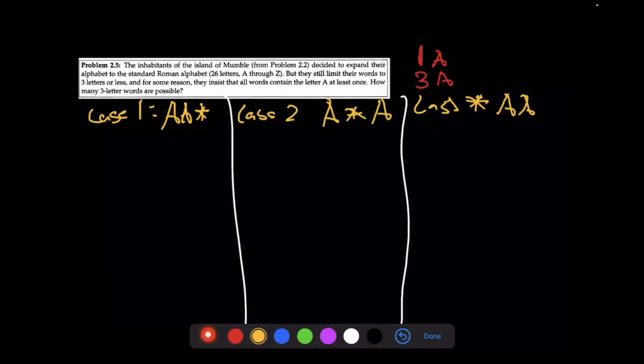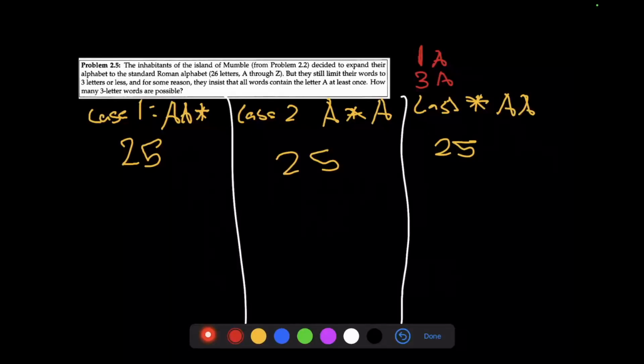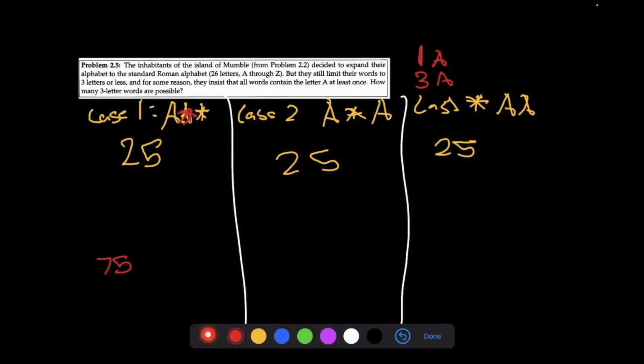How many ways can it be like this? There are 25 different ones, because this can't be A, or also be a 3 thing. So there are 75 different ways to have 2 A's. What about 1 A? Then in that case, this would be a star. We would have this be a star, and this be a star.